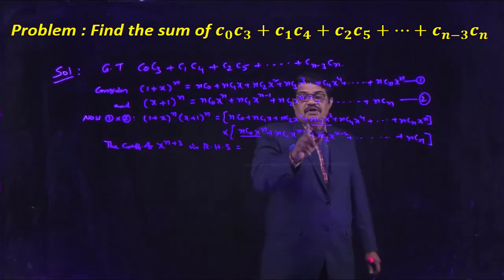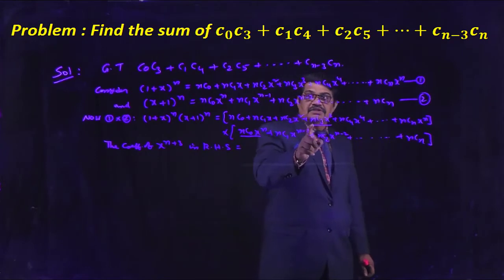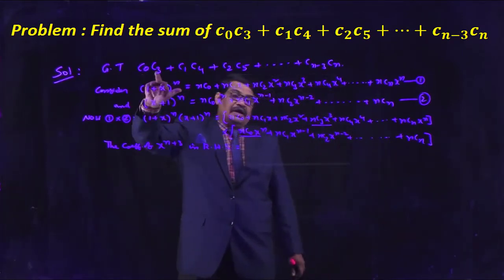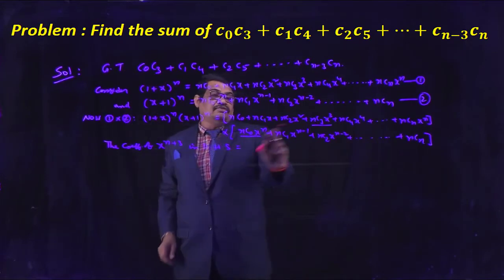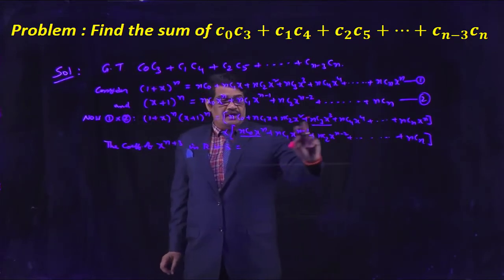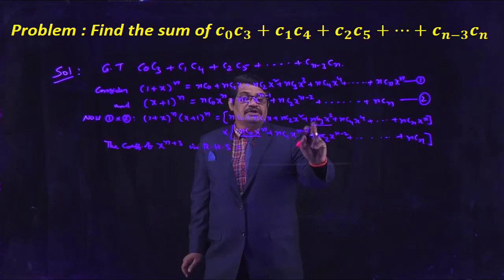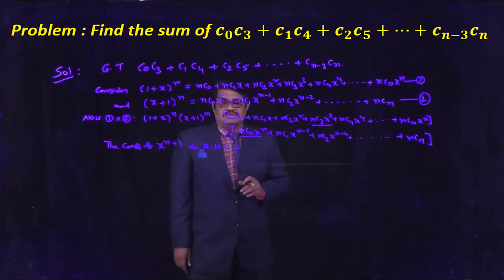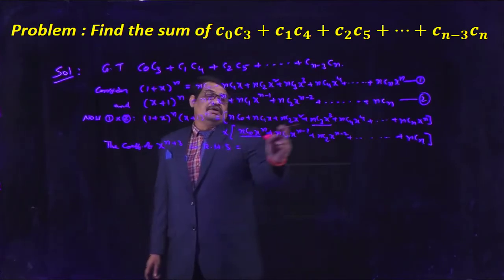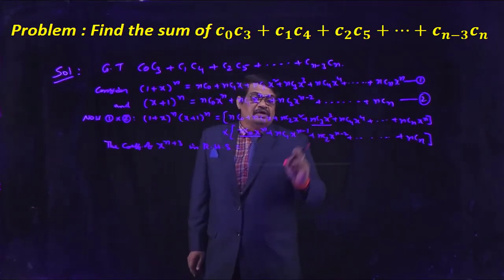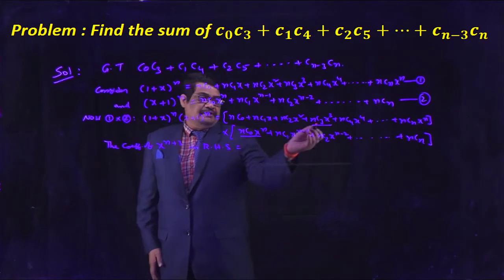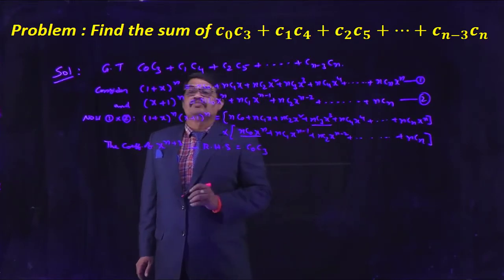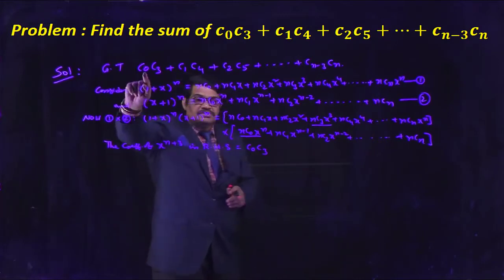The coefficients are nC0 and nC3. So the coefficient of x to the power of n plus 3 from this product is nC0 into nC3. This can be written as C0 into C3. This is the first term, C0 C3.